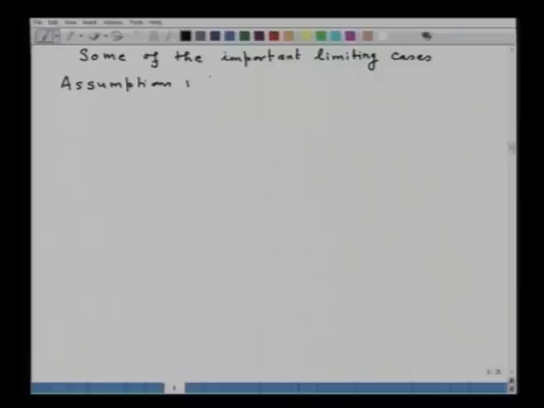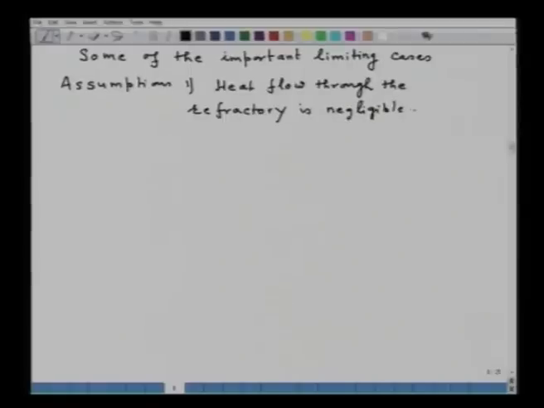Assumption number 1: heat flow through the refractory is negligible. That is the assumption number 1.